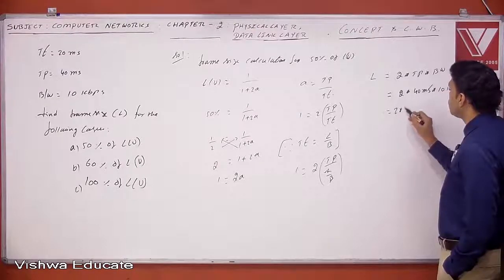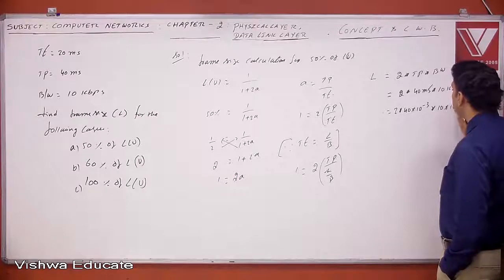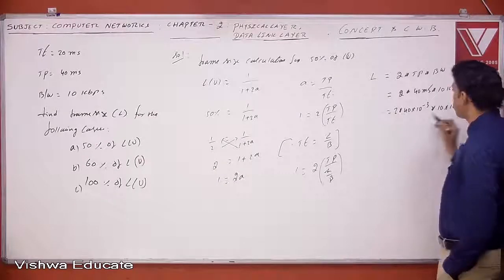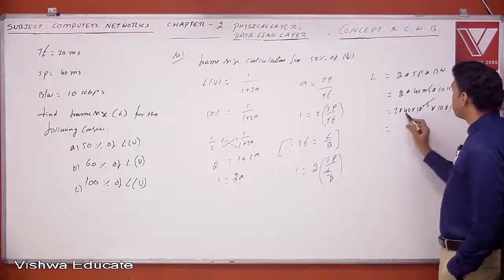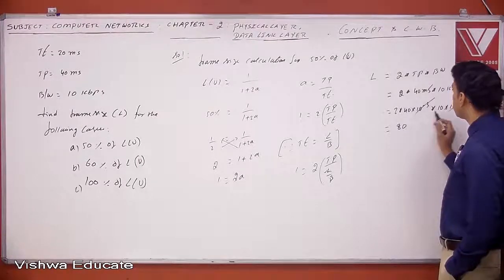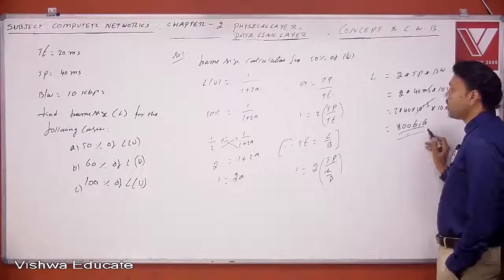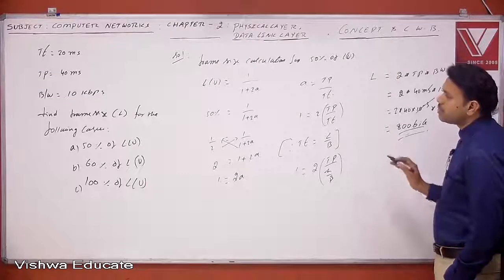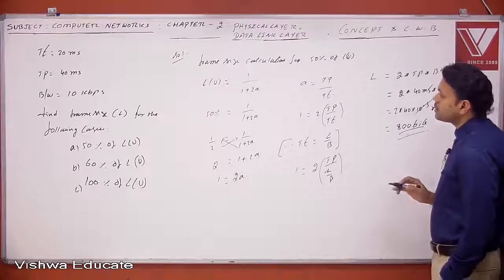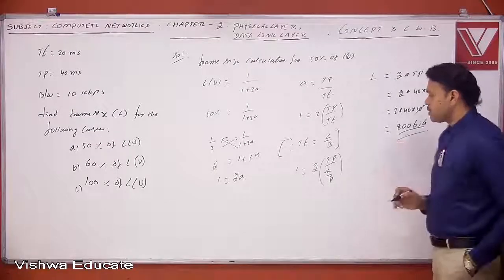Then 2 into 40 into 10 power minus 3 into 10 into 10 power 3 bits per second. So these will be cancelled, and 2 4s are 80, and 10, 800 bits is your L value. Okay friends, this is how you could get option A, frame size calculation for 50% of L of u.